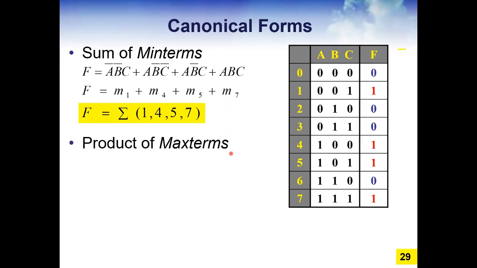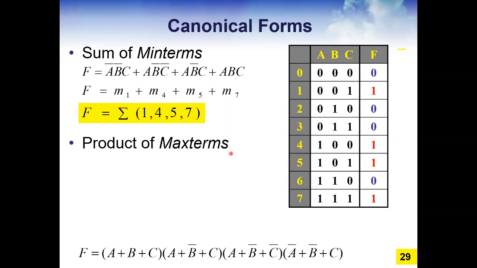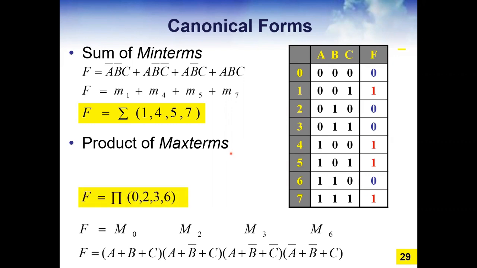Product of max terms, what are these? These are the missing terms which are not present in the minterms. Equivalent to that we are going to have 0. Can you check in the truth table? 0 in place of numbers 0, 2, 3 and 6. So these are minterms and max terms, a part of the output in the truth table.